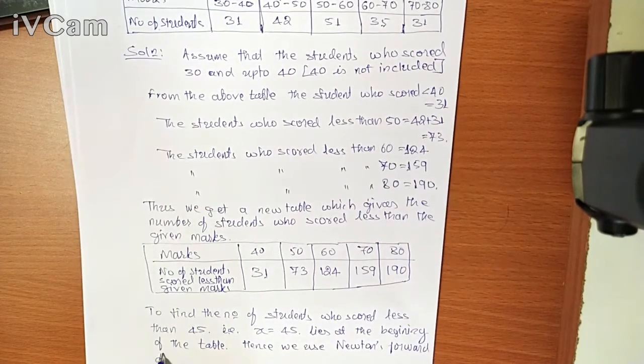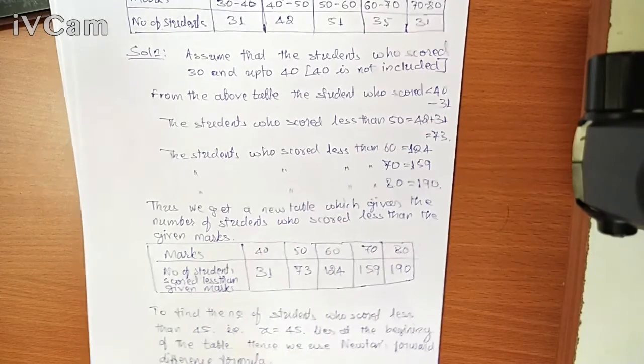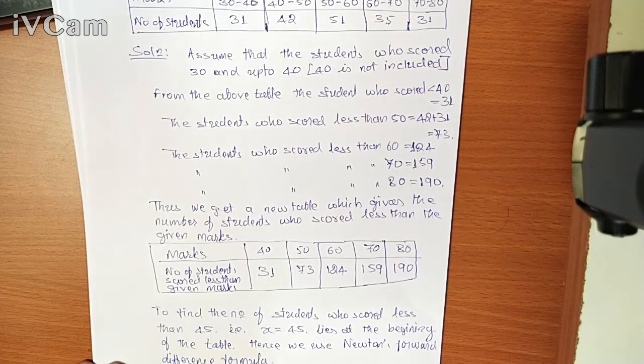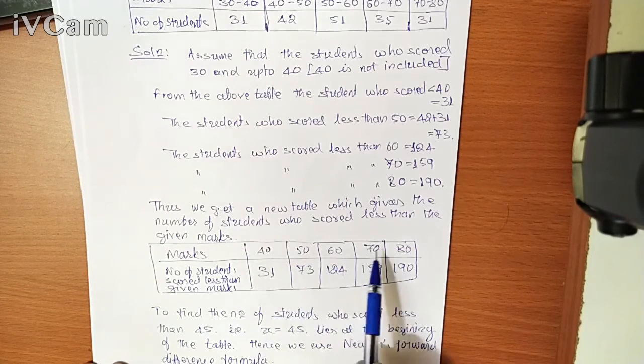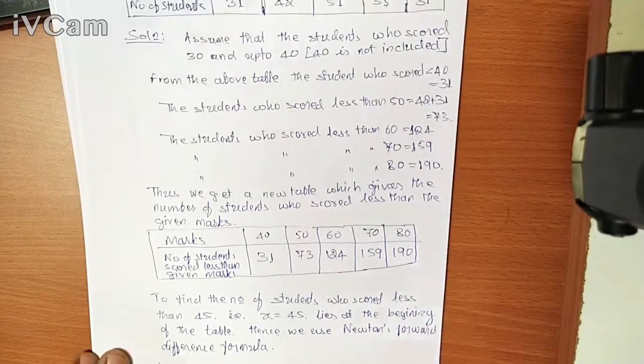The forward difference formula is: y at x will be equal to y naught plus p times forward difference of y naught plus p into p minus 1 by 2 factorial del squared of y naught plus p into p minus 1 into p minus 2 by 3 factorial del cube of y naught plus, how many terms will I have? There are 5 x values, so 5 minus 1, I will have up to del raised to 4.